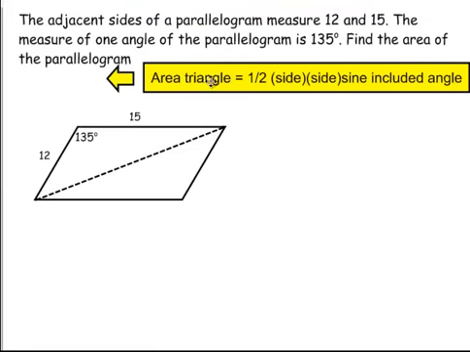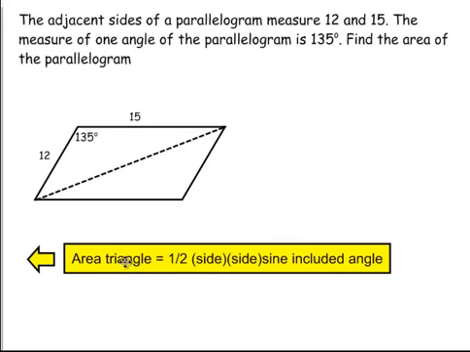Next problem. The adjacent sides of a parallelogram measure 12 and 15. Okay, there's my picture. The measure of one angle of the parallelogram is 135. Okay, doesn't matter where I put it, but there it is. Find the area of the parallelogram. Well, I don't know the formula for an area of a parallelogram. All I know is for the area of a triangle.